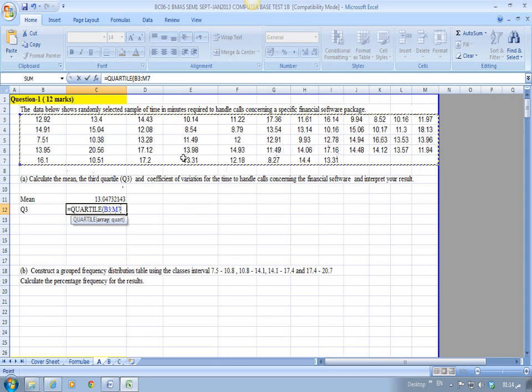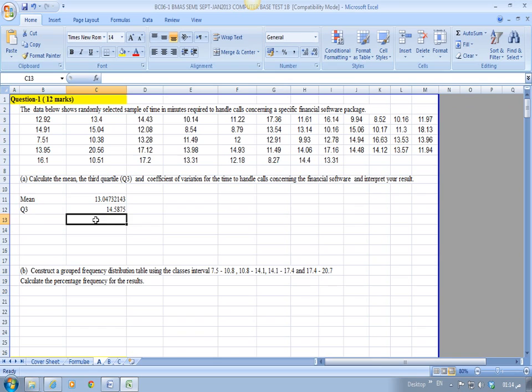Some computers use a comma, so make sure that you follow what exists in your computer. Then which quartile you want to calculate. If it is quartile 3, write 3. If it is 1, write 1, 2, 2, and so on. This is quartile number 3.